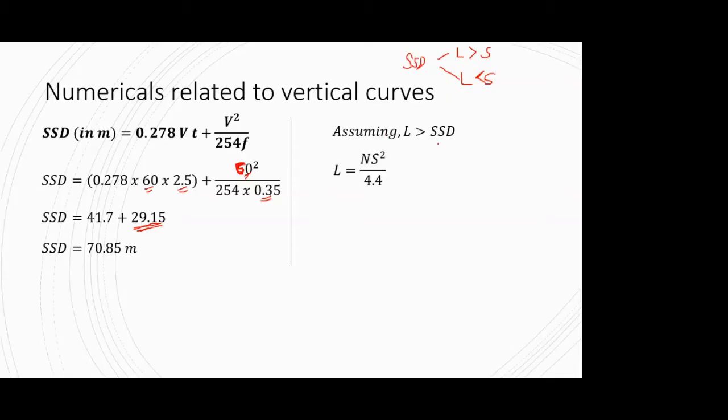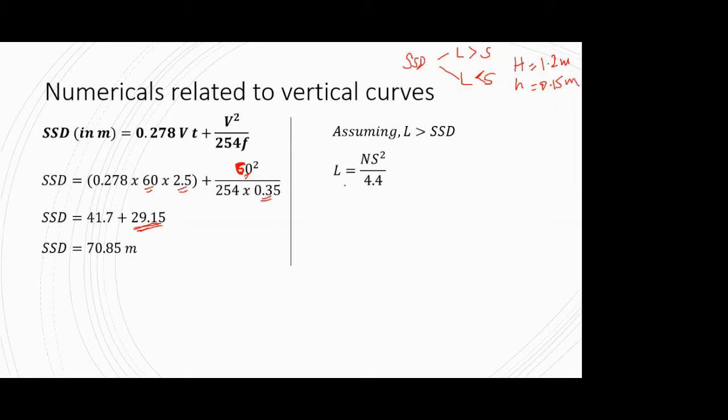For that we have this formula, L is equal to NS square upon 4.4, and this 4.4 came because we have assumed the standard values of capital H and small h. Capital H is 1.2 meter and small h is 0.15 meter.